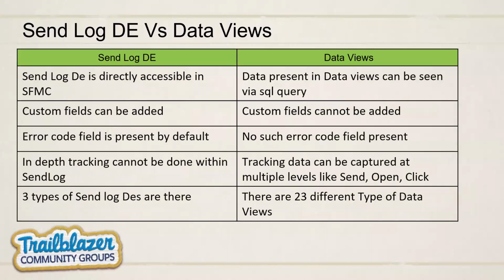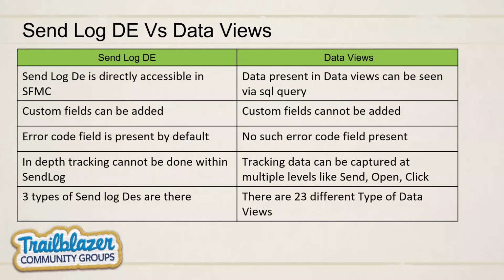So in this slide, I have jotted down the key differences between the data views and the send log data extension. The question might arise in your mind, what are data views? Data views are internal backend tables present in Marketing Cloud that are used to hold the tracking data, and the data available in the data views cannot be directly accessed.